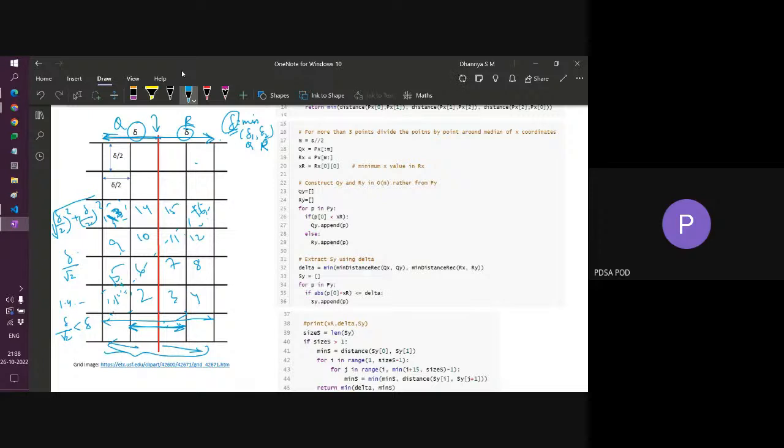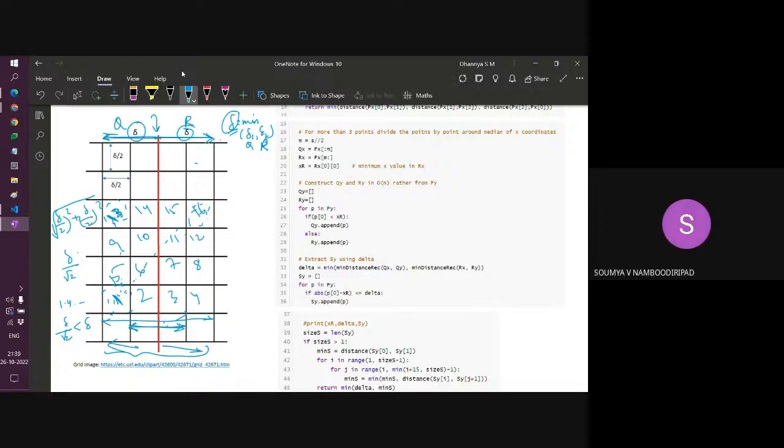Otherwise, if it is here, you might still have to consider. That's a different thing. So if you are looking at a point inside square 1, you have to compare it only with another 15 points. Maximum of 15 points is all that you have to compare.